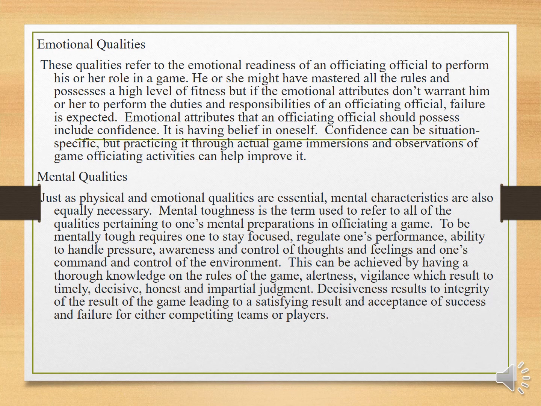Emotional attributes that an officiating official should possess include confidence. It is having belief in oneself. Confidence can be situation specific, but practicing it through actual game immersions and observations of game officiating activities can help improve it.